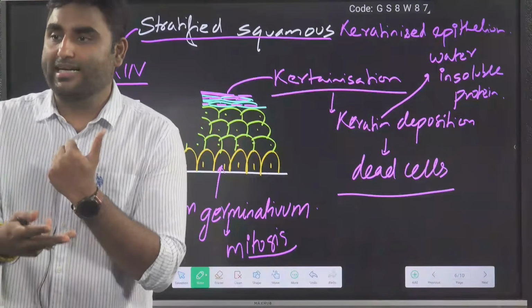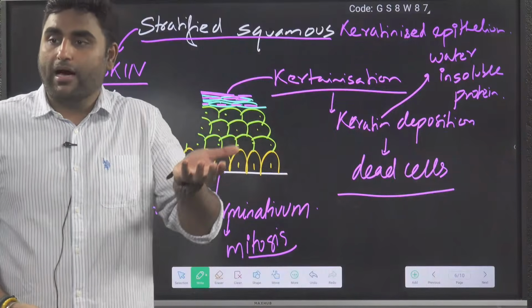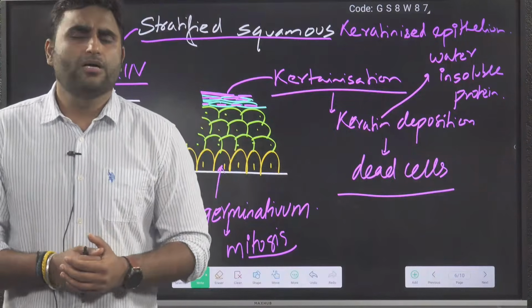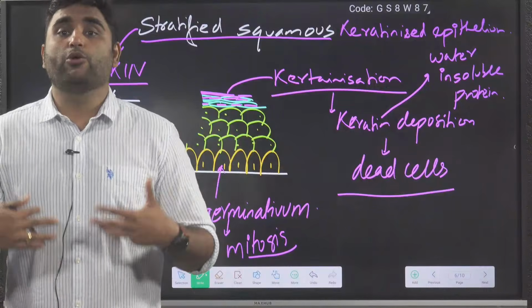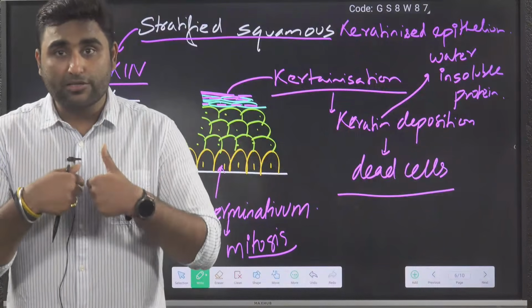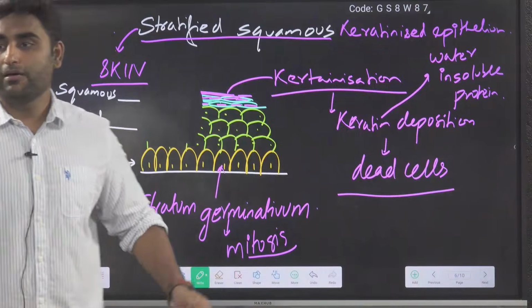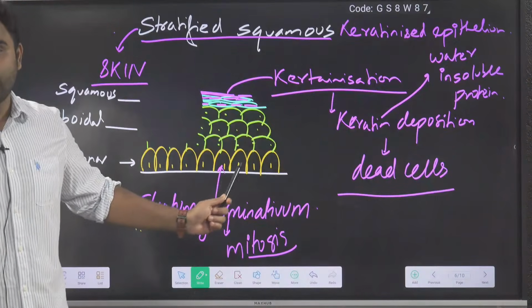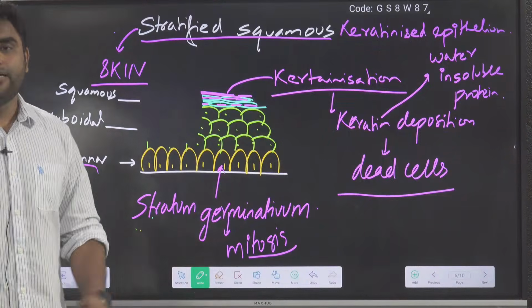As you are losing dead cells, the lower level columnar cells are going to multiply and rebuild the new cells. So no worries, you are losing millions of cells daily, inside also, outside also. But the new layer of cells is being formed by the stratum germinativum, the lower level columnar cells that do mitosis.